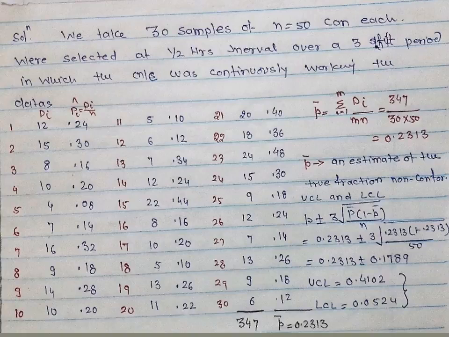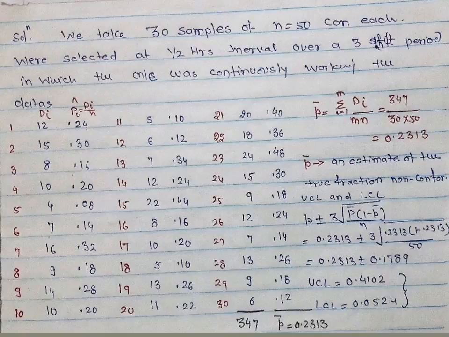Every time we collect 50 cans and inspect whether they are conforming or non-conforming. Non-conforming is defined by leakage of the juice from the cans. So these are the 30 samples we collected randomly at regular intervals of time, and these are the defective cans we obtained during inspection in the various samples.